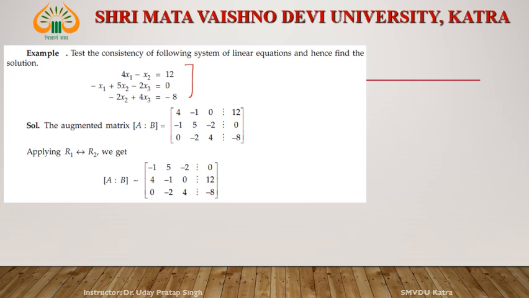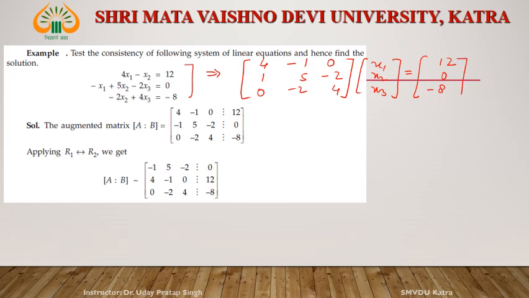In matrix form, the coefficients are: x1 is 4 1 0, x2 is minus 1 5 minus 2, and 0 minus 2 4, into x1 x2 x3. This is equal to 12 0 minus 18.